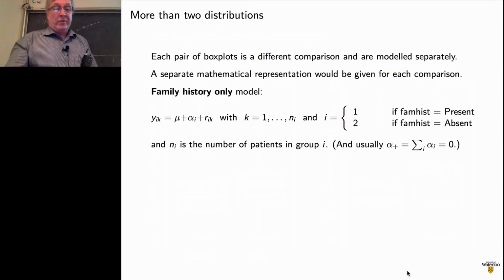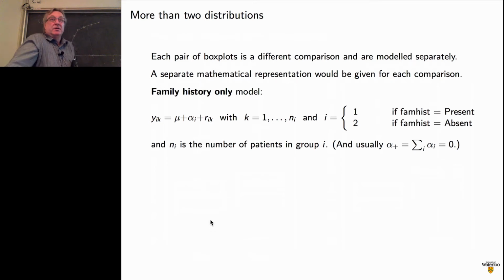So for the family history, we might have a model where we've got the systolic blood pressure on the left here, and we have an overall mean value of the systolic blood pressure, plus a change in that depending on whether you have family history or not. You might have modeled this in another way, saying that you have mu1 if you have family history and mu2 if you don't.